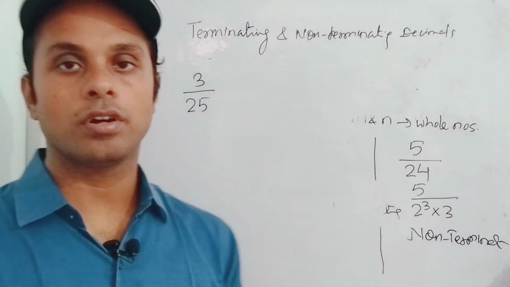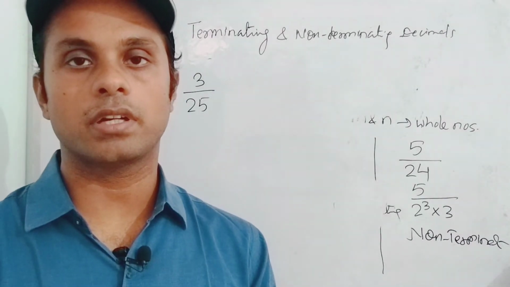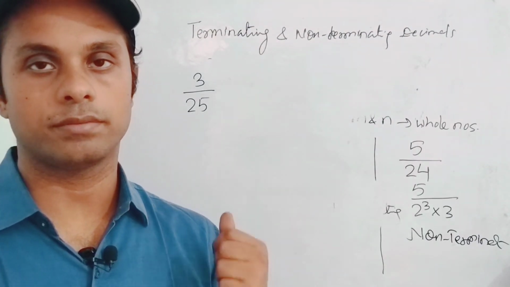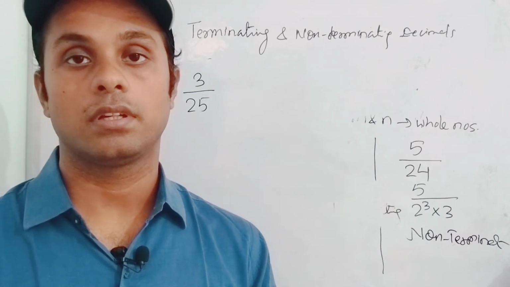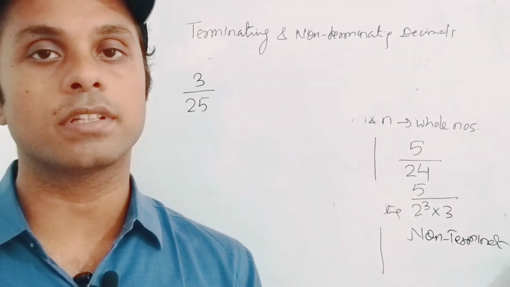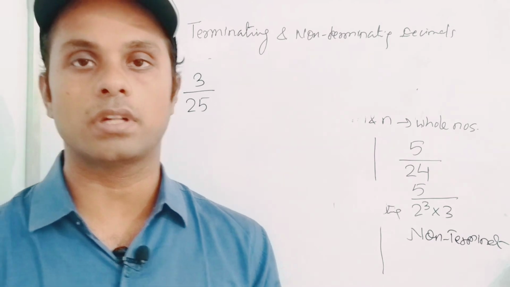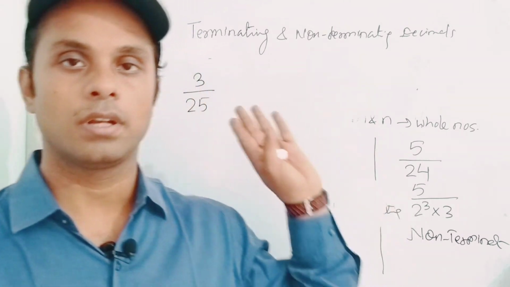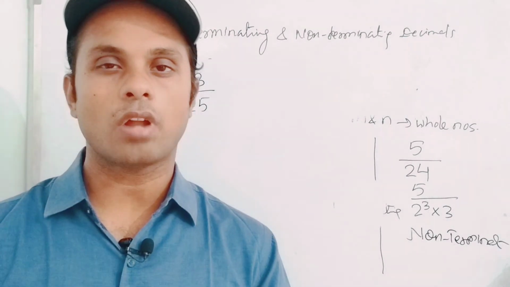Now how to decide the number of digits after the decimal in the decimal expansion without long division? There is one way. If you perform long division, you will come to know the number of digits after the decimal in the decimal expansion of this. Okay, but that is too long.